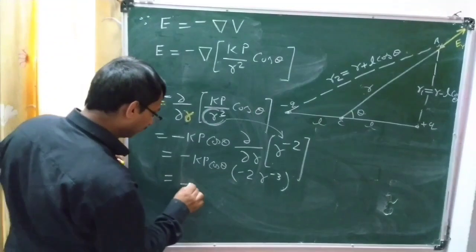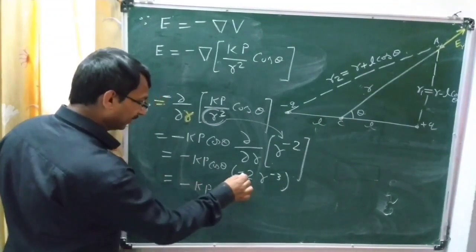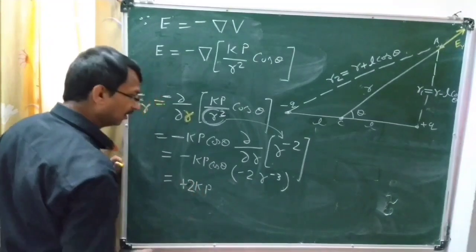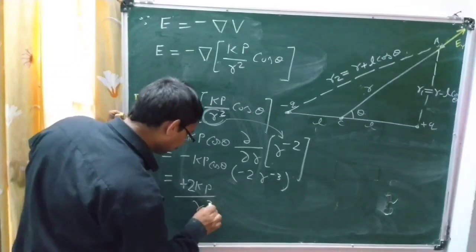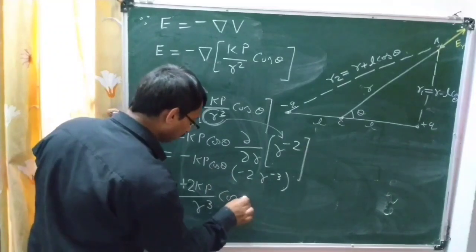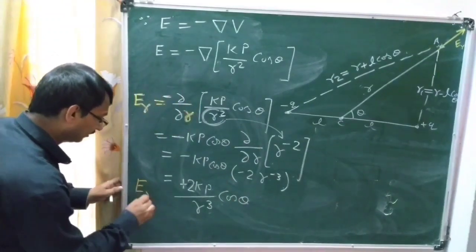Now solve it. Minus Kp, the 2 here, minus becomes plus, so it becomes 2 Kp cos theta upon r cube. It is E radial.